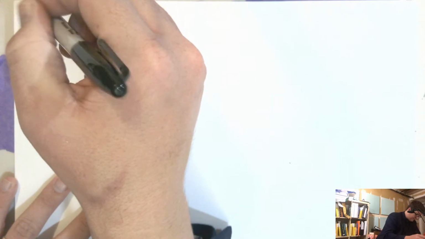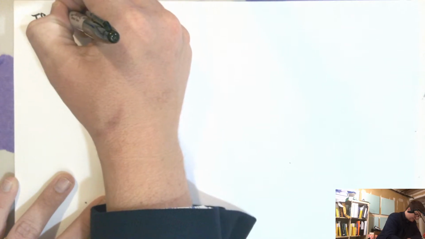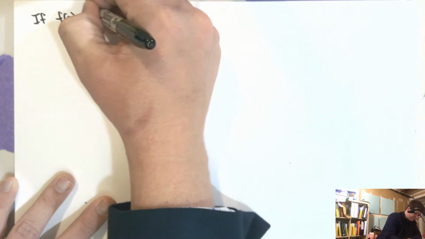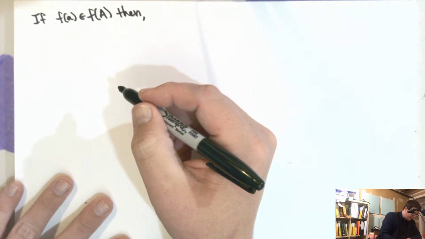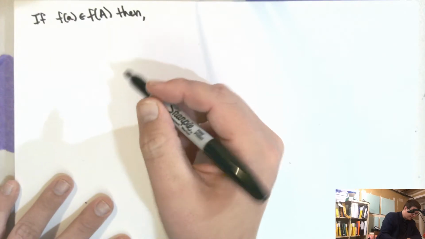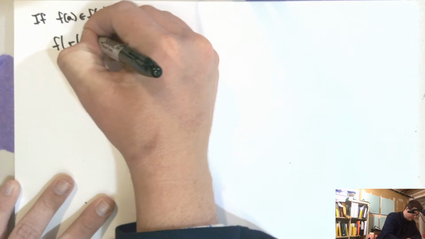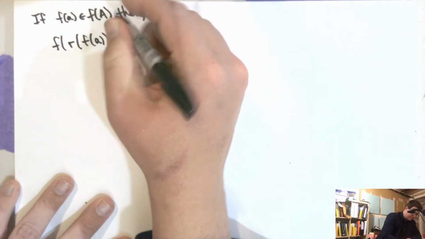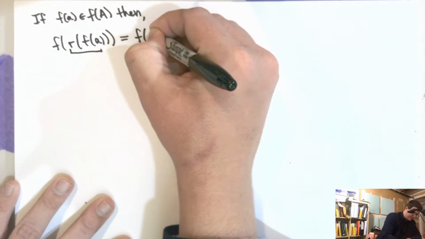So consider f of a, an element of f of A. We need to show that f of R of b is equal to b. So we do f of R of this thing, and this R f is just the identity, so this just becomes f of a.